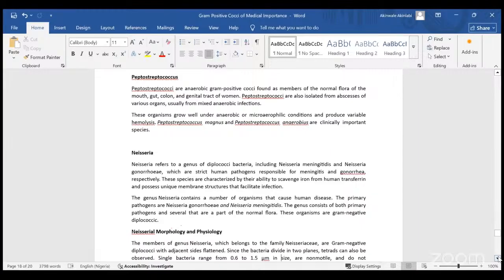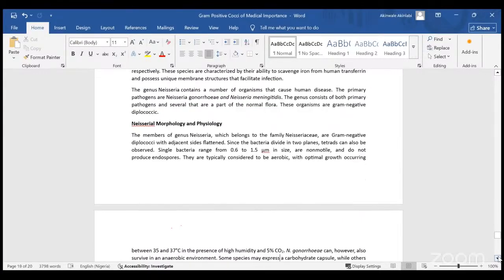I told you there are many, but the ones that we are going to concentrate upon are Neisseria meningitidis and Neisseria gonorrhoeae. These organisms are gram-negative diplococci. So don't mix it up with Strep pneumo. Strep pneumo is gram-positive diplococci, while Neisseria is gram-negative diplococci.